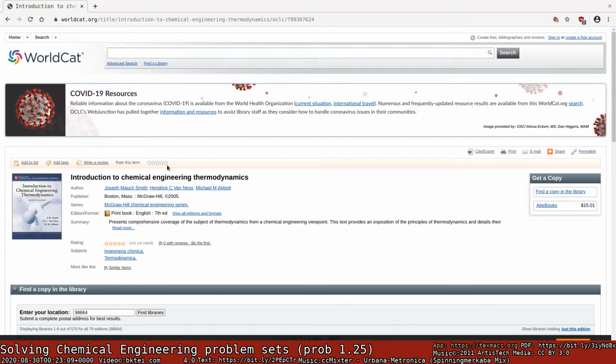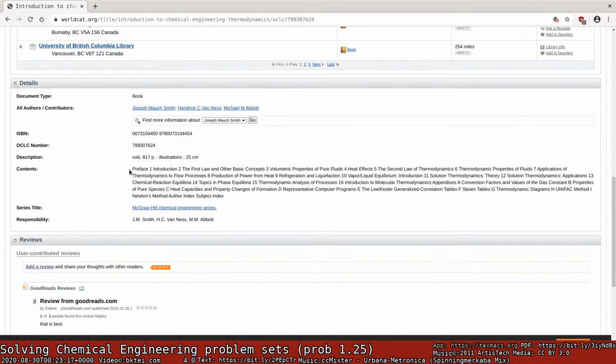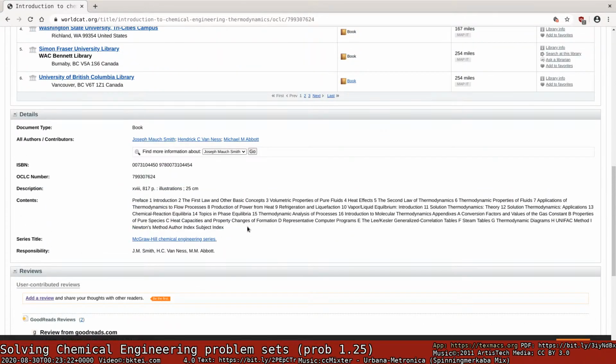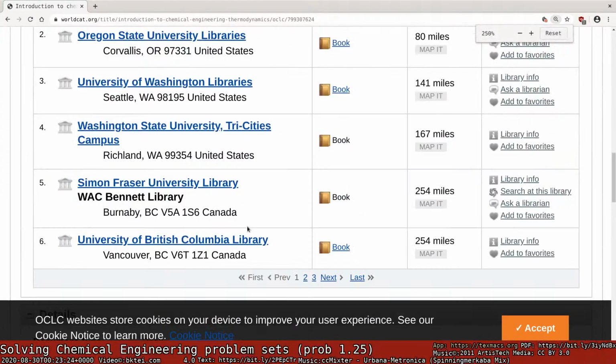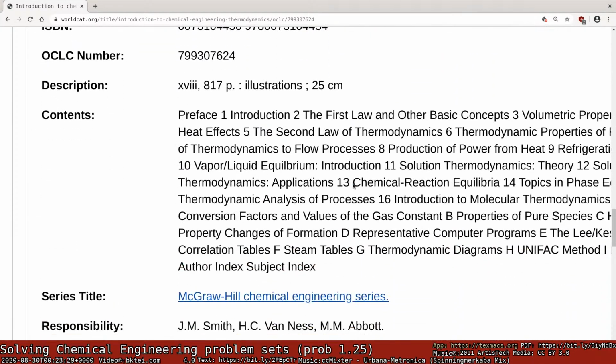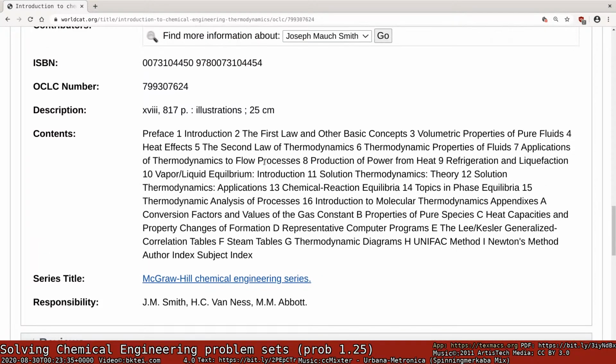Yeah, there we go, Chromium. So this is WorldCat. This shows this textbook, and I'm hoping there is a list of chapters. Okay, great. Let's go ahead and accept these. Okay, that's better. So where was I? I'm just reading from the table of contents of this book, but you can follow along.